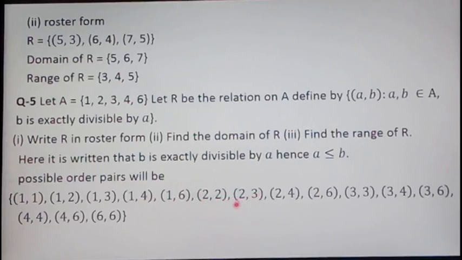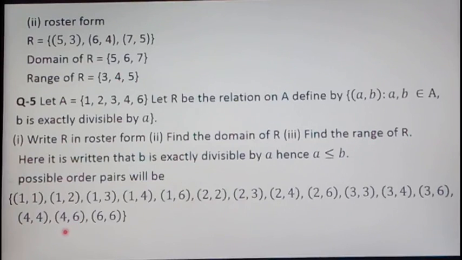So this ordered pair (2,3) will not be our answer. 4 divisible by 2, so it is there in the answer. 6 divisible by 2, so it is there in the answer. (3,3) is there, but (3,4), 4 is not divisible by 3, so it is not there in our answer. (3,6), 6 is divisible by 3, so it is there in our answer. (4,4) is there, but (4,6) will not be there because 6 is not divisible by 4.